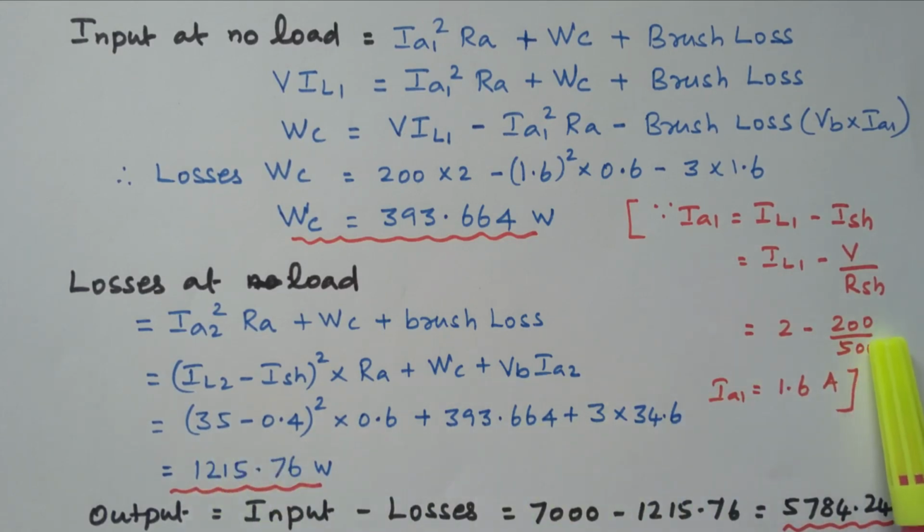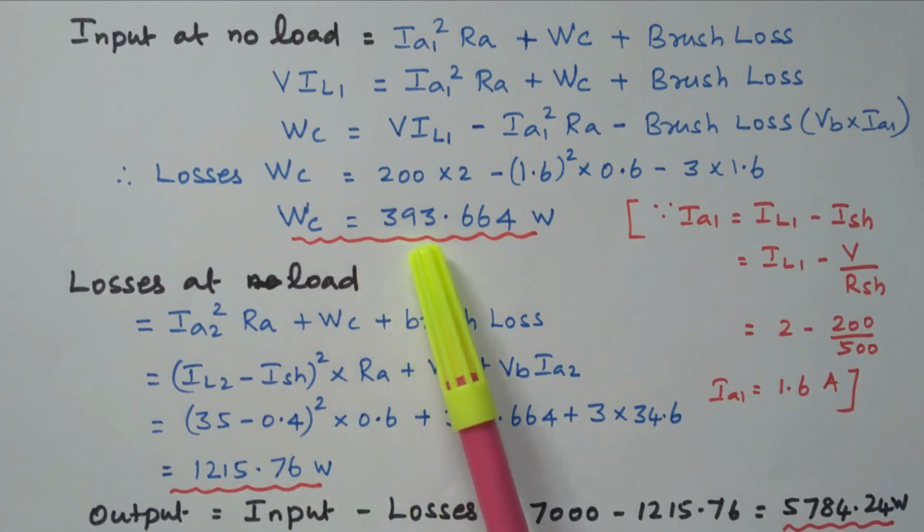ISH is V divided by RSH, 200 divided by 500, which is 0.4. This value is not given directly here. So 34.6 squared into RA, 0.6, plus the constant loss we calculated, 393.664, plus the brush loss, the brush drop 3 V into IA2, 34.6. Here 35 minus 0.4 is 34.6.